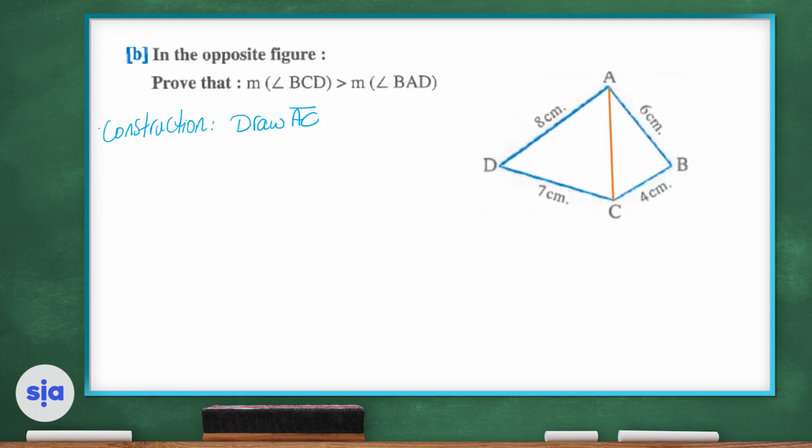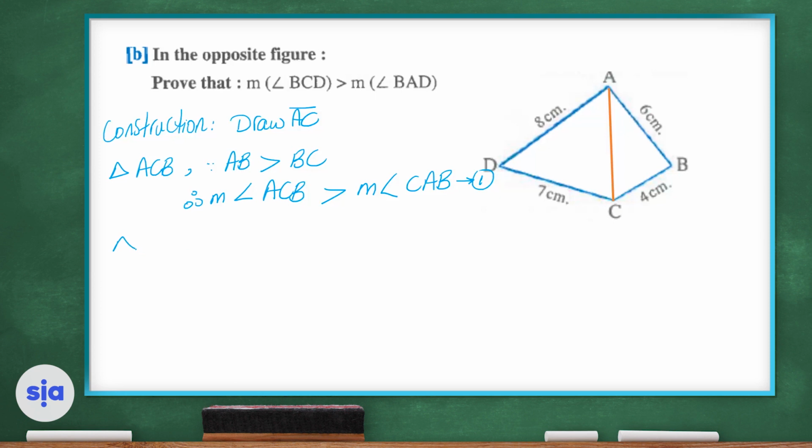In triangle ACB, since AB, its length is greater than BC, therefore the measure of angle ACB is greater than the measure of angle CAB, and this is inequality number 1.